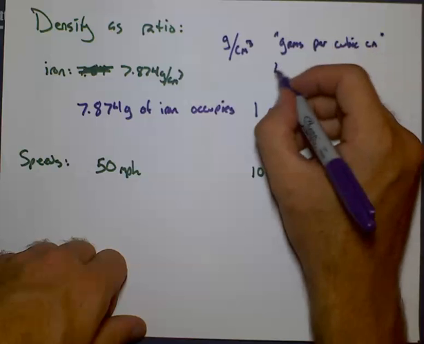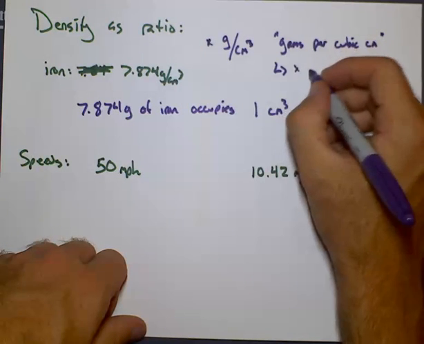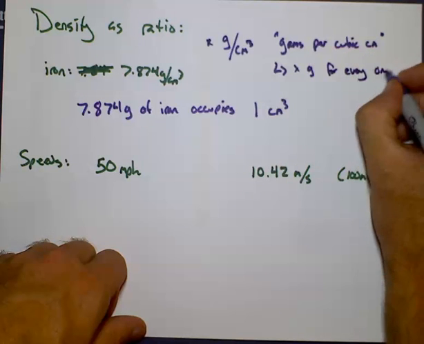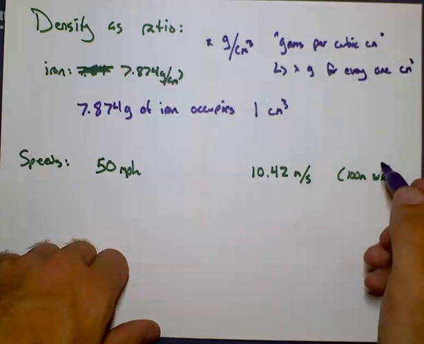really means, and that's just some number of grams, x grams for every 1 cubic centimeter. Okay?